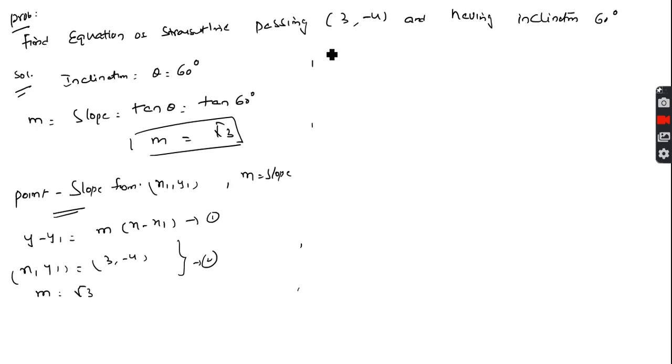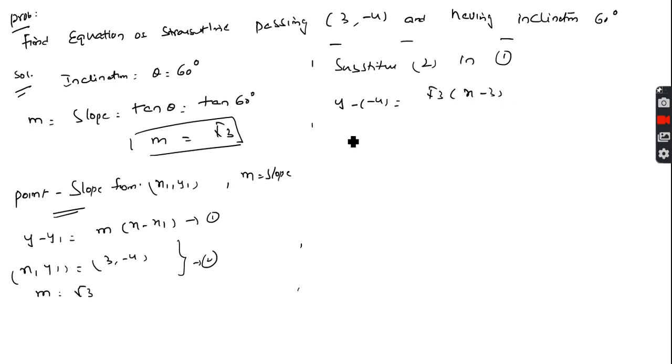Substitute 2 in 1. We get that y minus (minus 4) equals root 3 into (x minus 3).